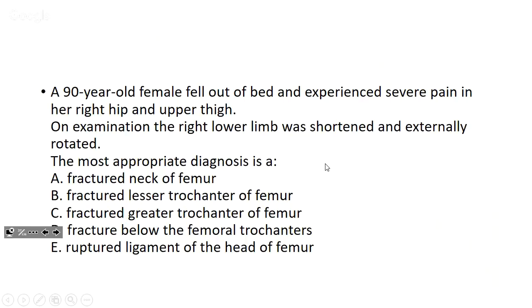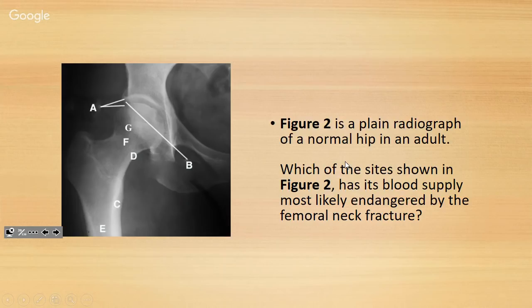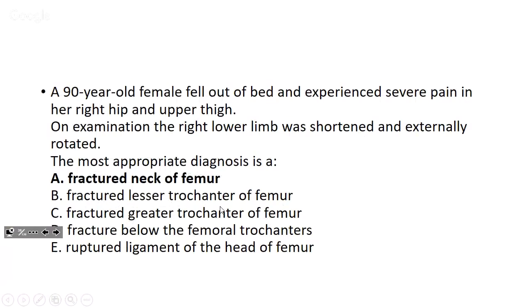Just call out if you think you know. Okay, so the answer is a fractured neck of femur. So yeah, common things are common, guys. So the others would not lead to the similar leg deformity mentioned here.